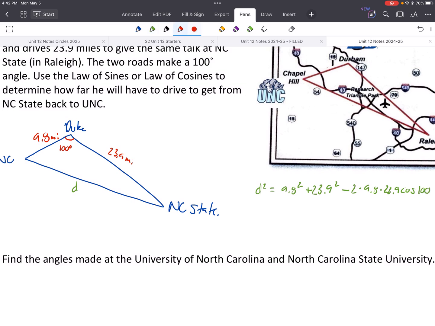Okay, and then again, if we want to just get d by itself, we need to square root everything, and we'd put that into our calculator. So if you put that all in, we should end up getting d equals 27.36 miles.